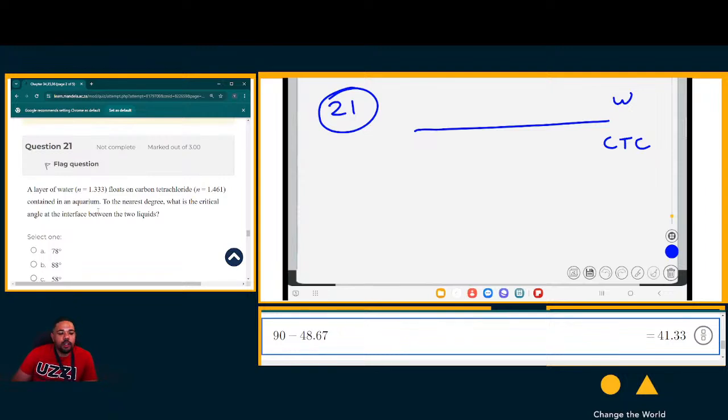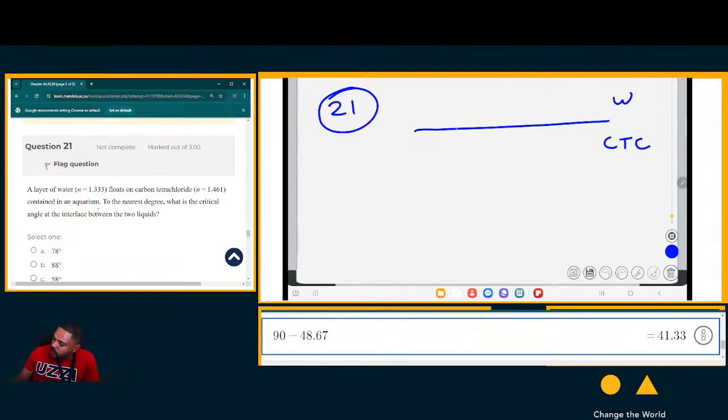The water has a refractive index of 1,333 and the carbon tetrachloride has a refractive index of 1,461, and they are in an aquarium. Okay, so to the nearest degree, what is the critical angle at the interface between the two liquids?